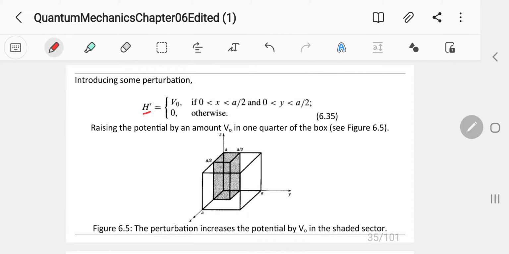So therefore the potential is raised by an amount V sub 0 in 1/4 of the box. So here, this is your perturbation.